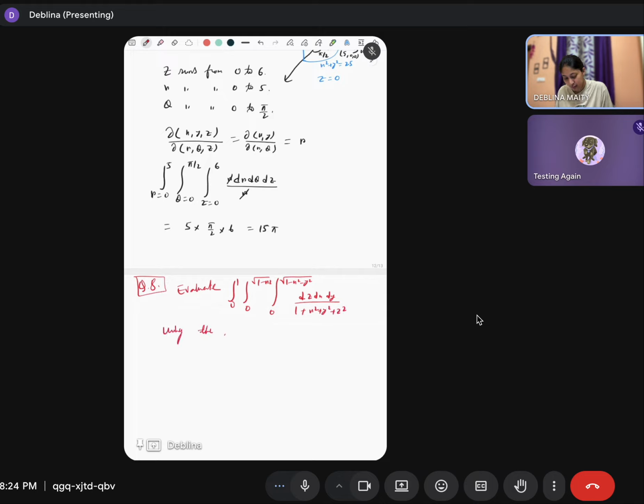Using the spherical coordinate. Okay, so what is the spherical coordinate?